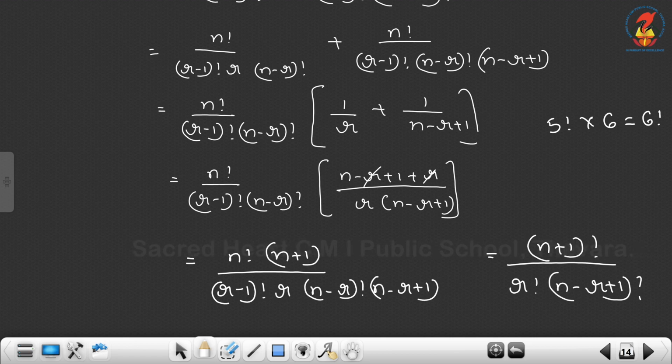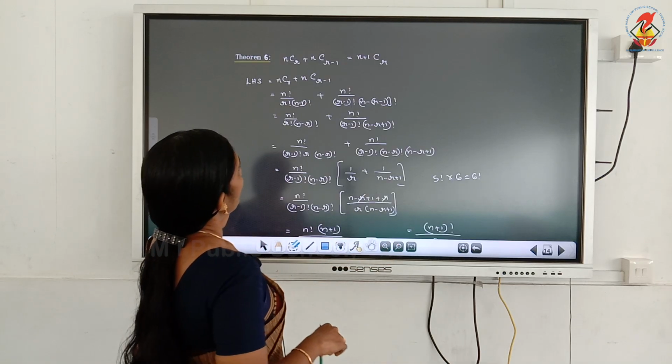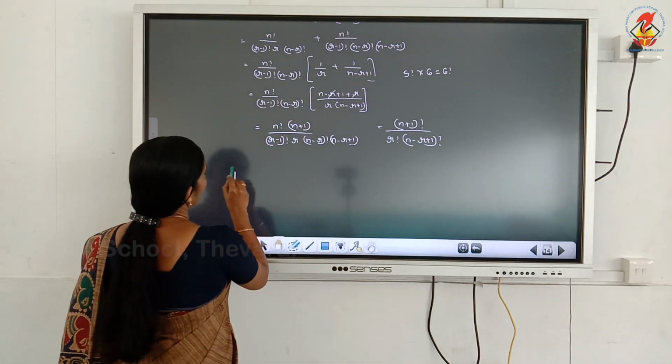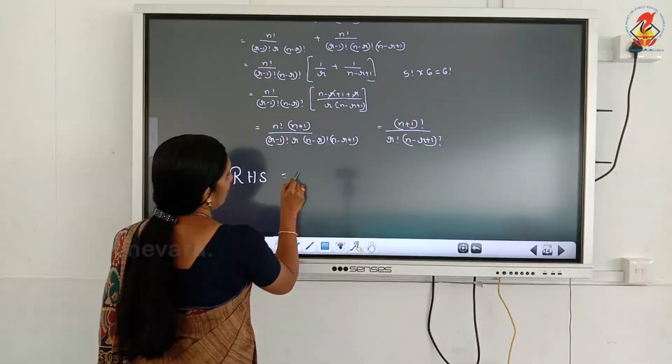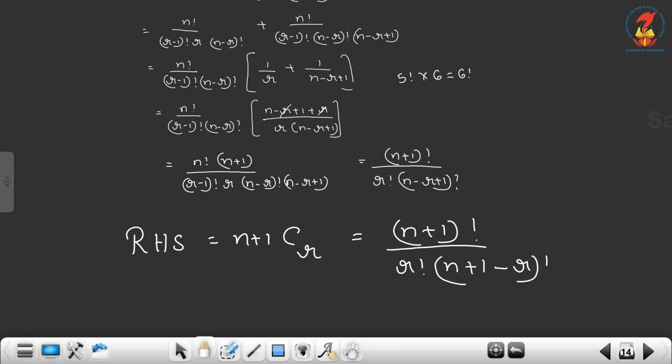Okay. Now what is RHS? Taking RHS, (n plus 1)Cr. So how to write (n plus 1)Cr? (n plus 1) factorial by r factorial, this number, then (n plus 1 minus r).